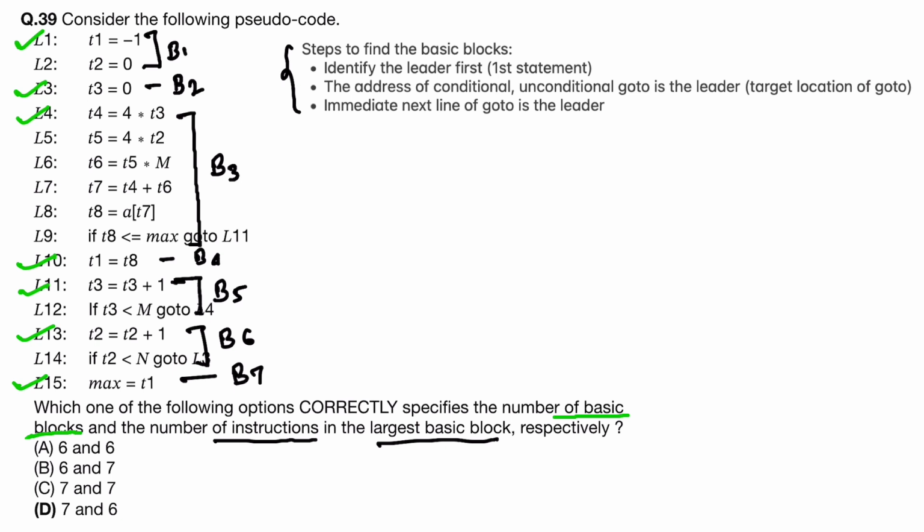Now for the maximum number of instructions, this is the largest basic block. How many? 2, 3, 4, 5, 6. So the correct option is 7, 6. There are 7 basic blocks, and from L4 to L9 the number of instructions is 6 in total. Okay, D option.